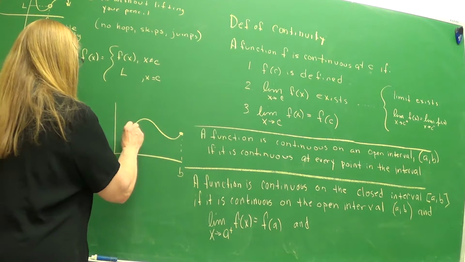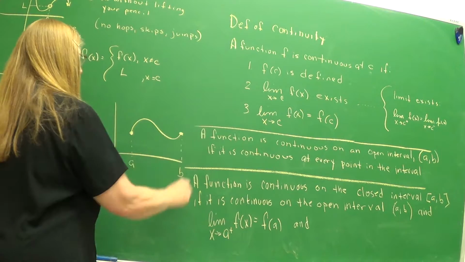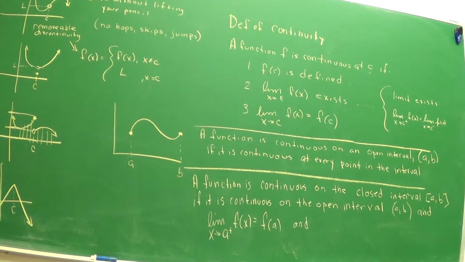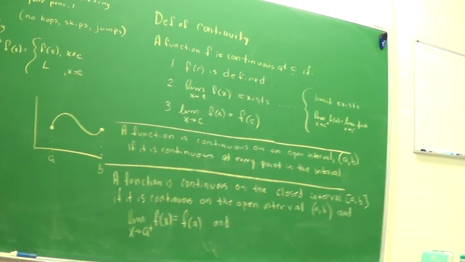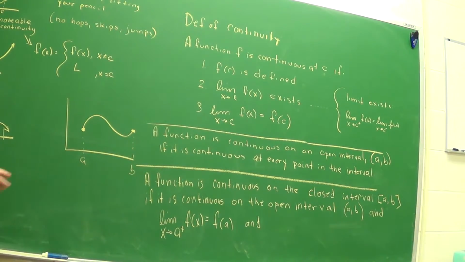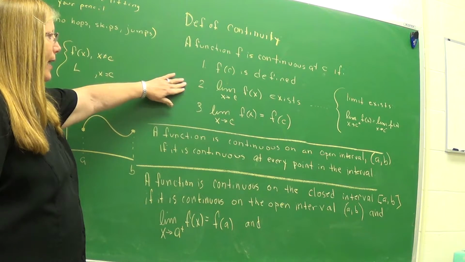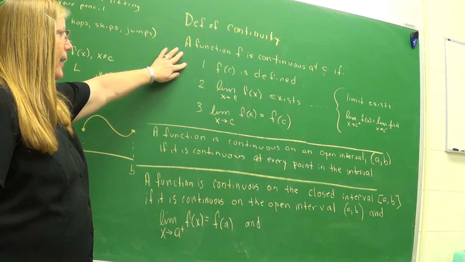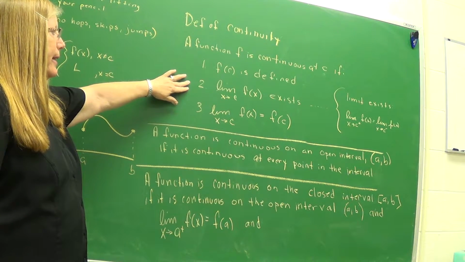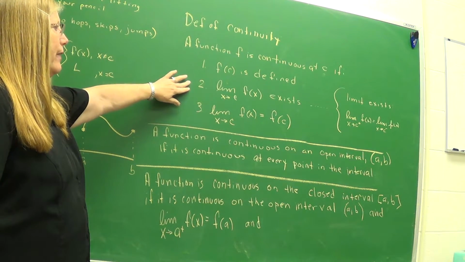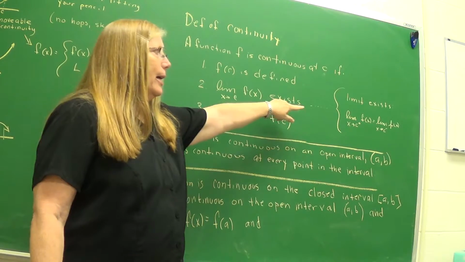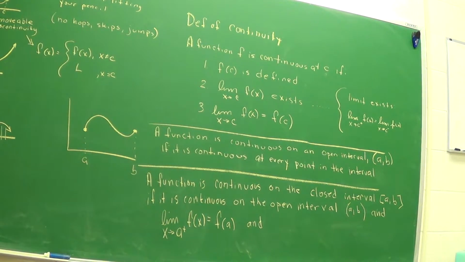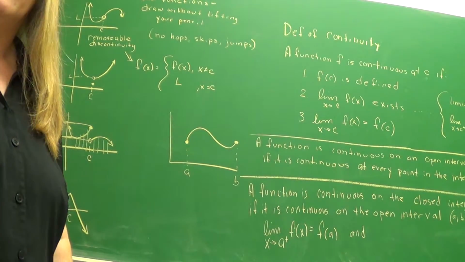But once we add these points, the endpoints included, notice how they fail on some of our requirements. Can you look at the three requirements and tell me which ones the endpoints fail? f of c is defined. How about this one? The limit as x approaches c of f of x exists, which again, I reminded you, means the limit has to be the same from the left and the right. Unfortunately that's the one that this fails.